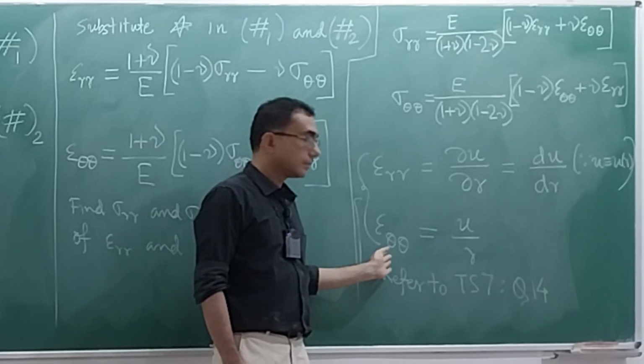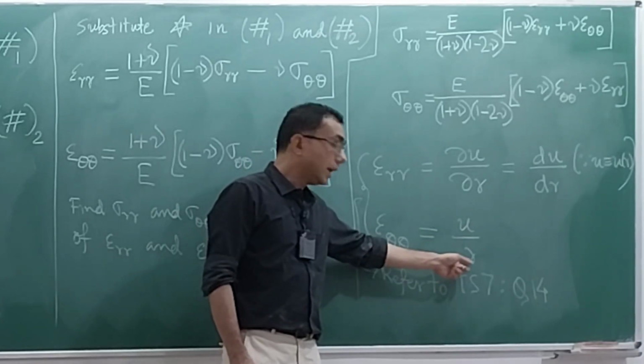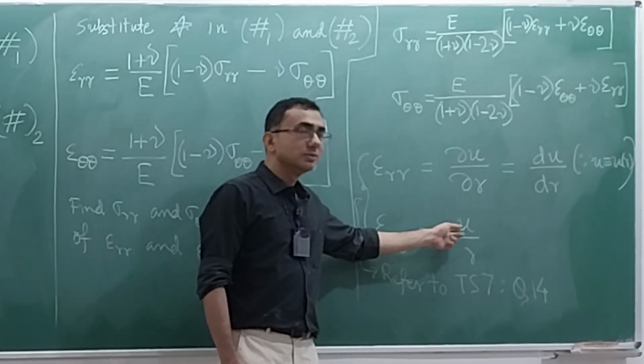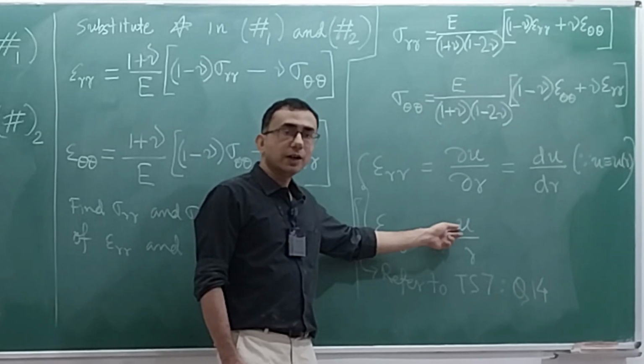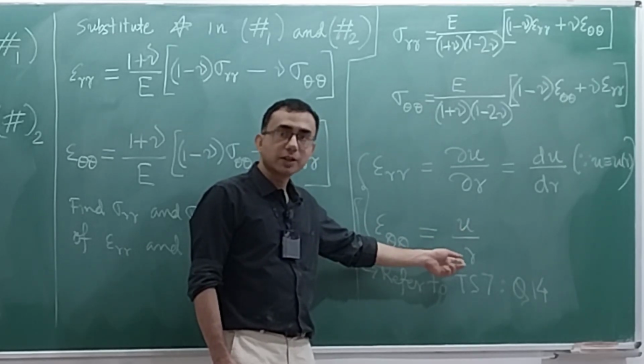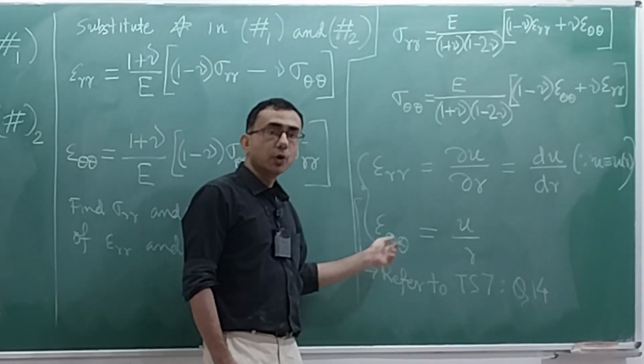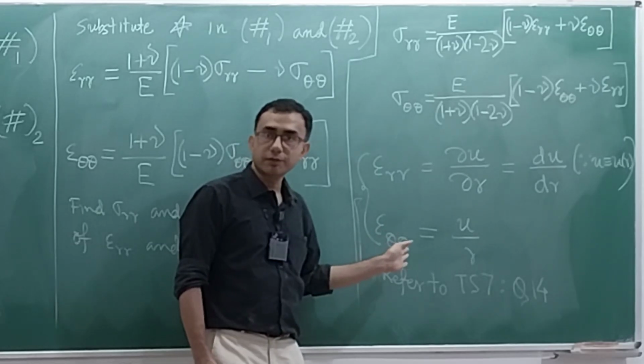Epsilon theta theta is equal to u by r. r is a function of r, u is a function of r, so a function of r divided by a function of r is also a function of r. So epsilon theta theta is also a function of r. So both epsilon rr and epsilon theta theta are a function of r.